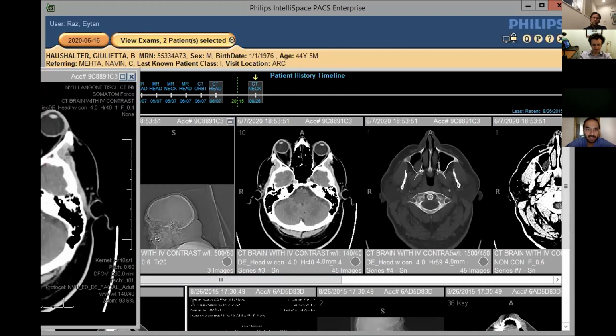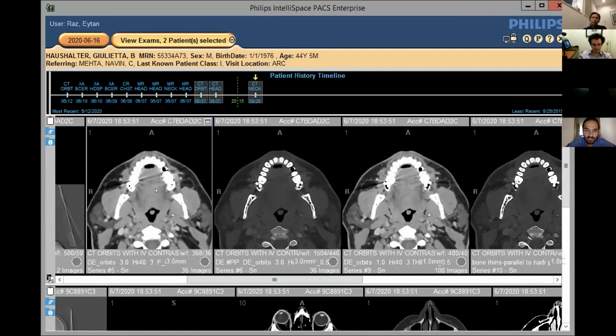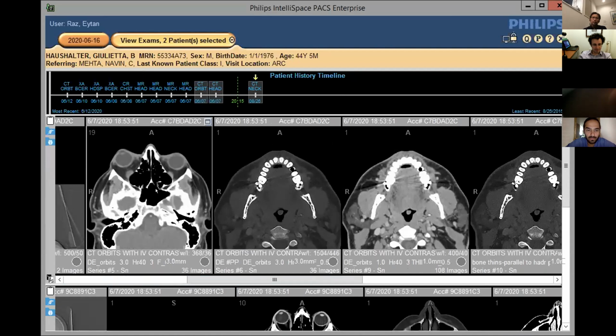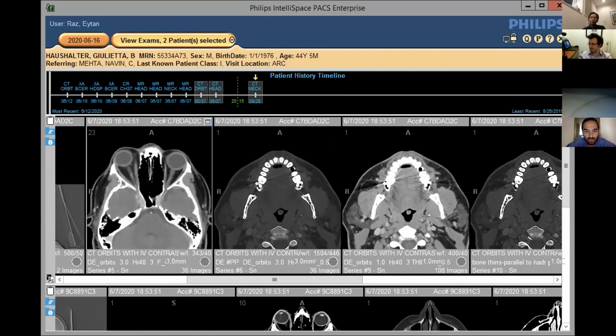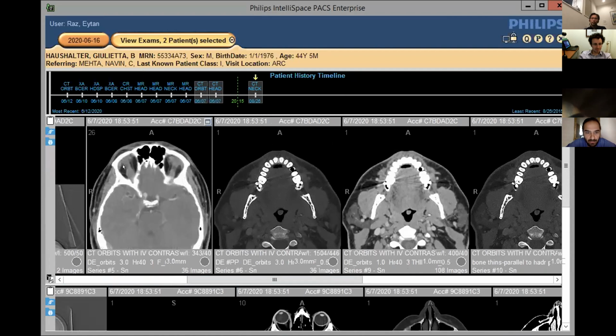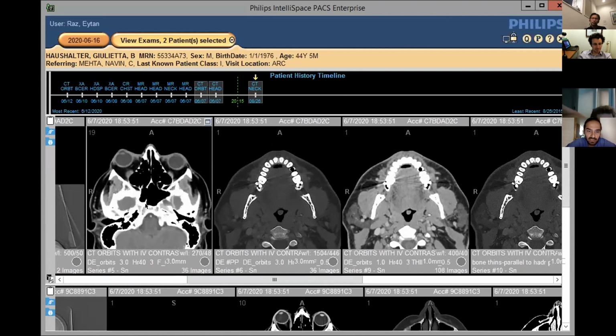CT of the orbits confirms the proptosis we know about from the physical exam, but there is no intraorbital mass. There is the appearance that the right cavernous sinus is enlarged.